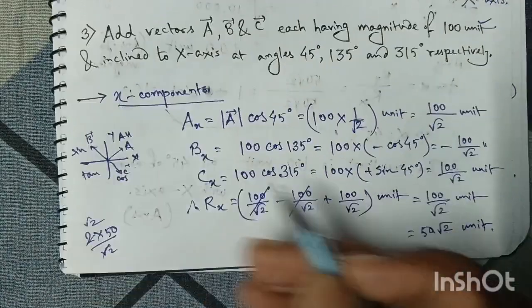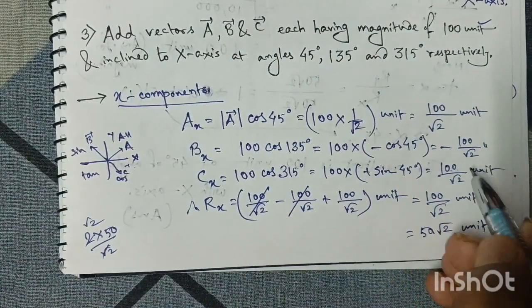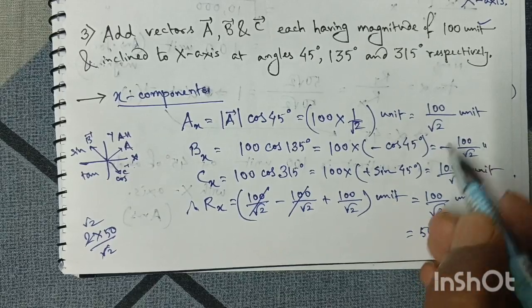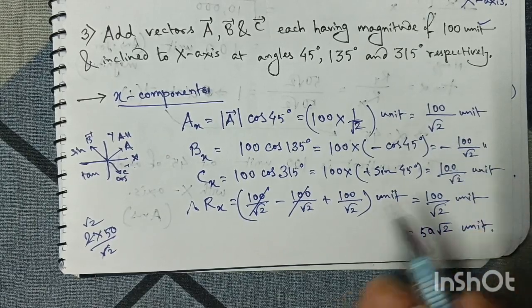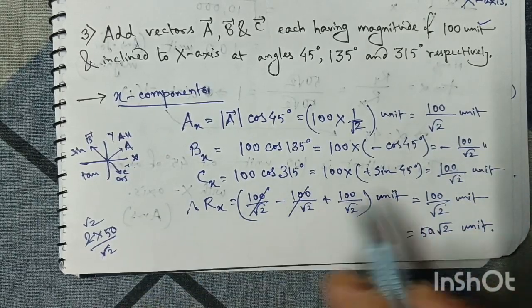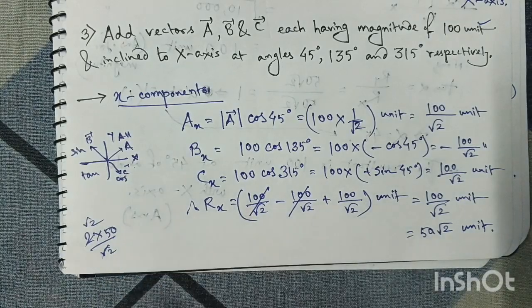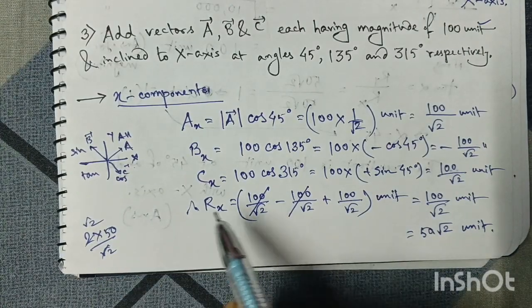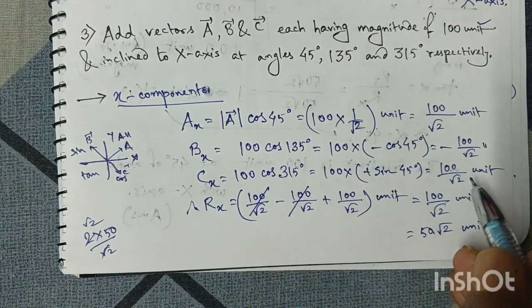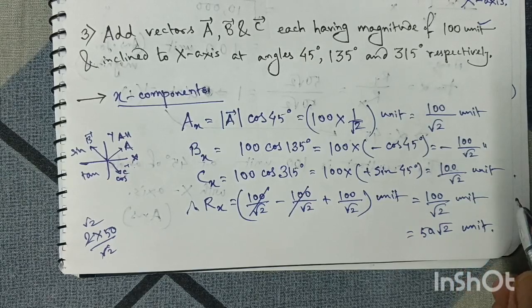Bx is equal to minus 100 by root 2 unit. Minus sign, that is the negative sign, comes because it is along negative x axis. And Cx is equal to 100 by root 2 unit.